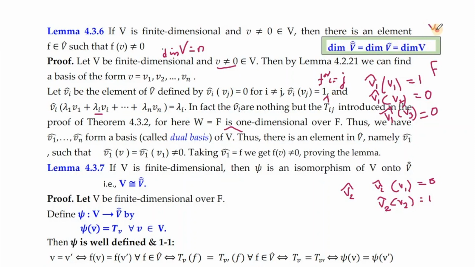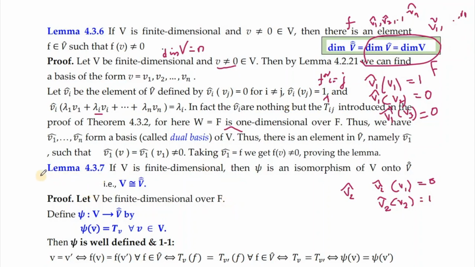So when I consider small v1, etc., small vn to be basis elements of capital V, correspondingly v1 cap, v2 cap and so on, vn cap will be basis elements of your V double cap. And so in this lemma, it is enough we talk about only these two. So my f, when I take my v1 cap as f and v as v1, we are able to have f of v not equal to 0. That's by the definition of vi caps.